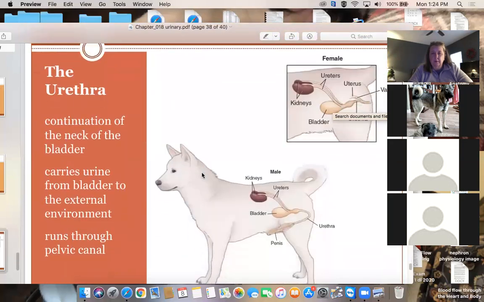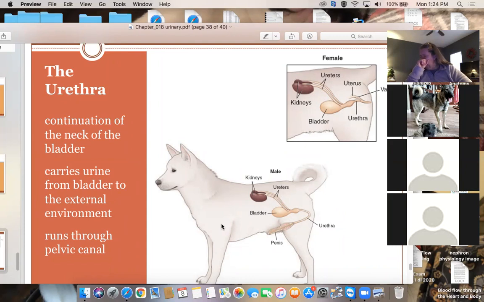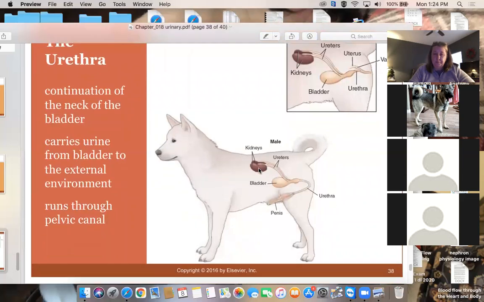Now let's talk about the urethra, which is the tube that carries urine. Sorry about that. If we look in this picture, the urethra goes from the bladder and extends to either the penis or the vulva. So the urethra is the tube that takes the urine from the bladder to the outside.